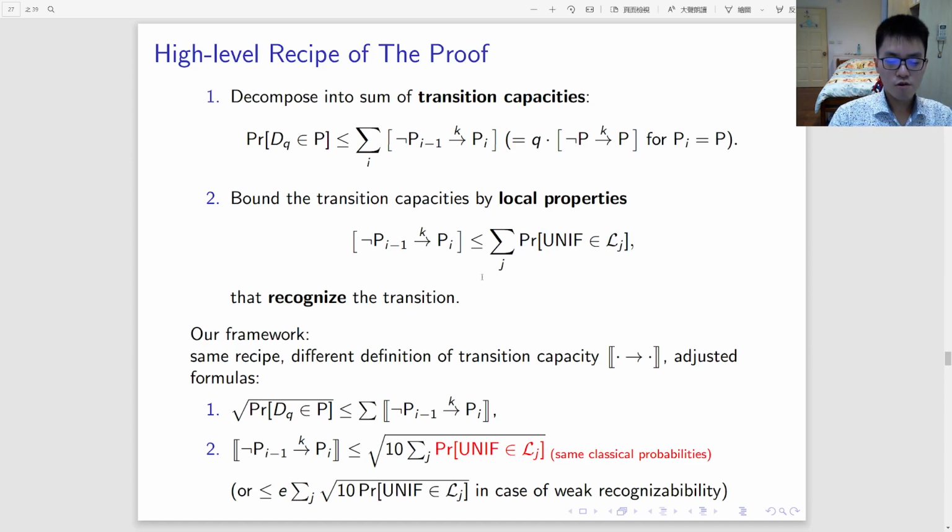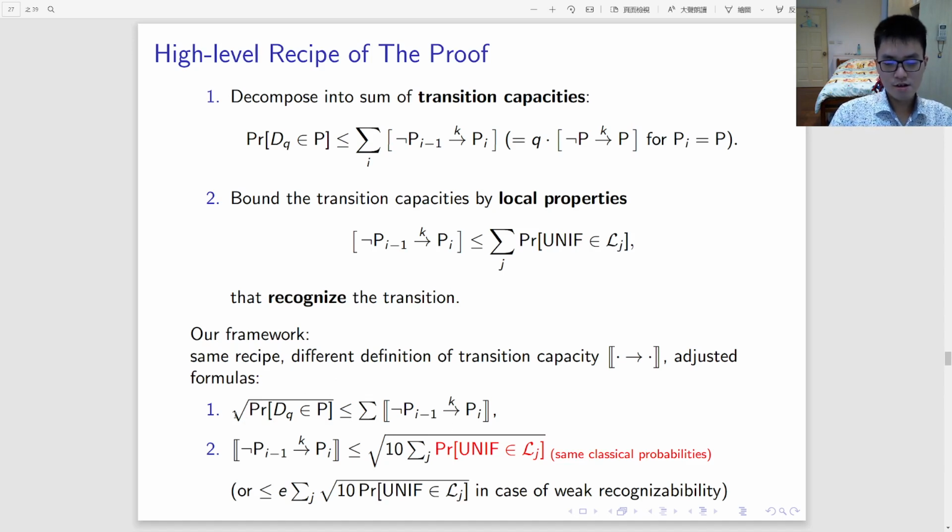And in our framework, the recipe is pretty much the same, except now we are in the quantum setting, so we have different definitions of the transition capacities, and correspondingly the adjusted formulas for bounding these transition capacities and probabilities.